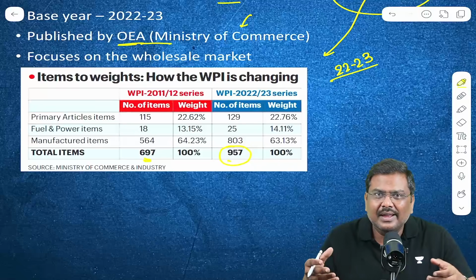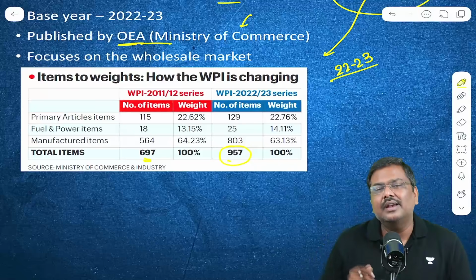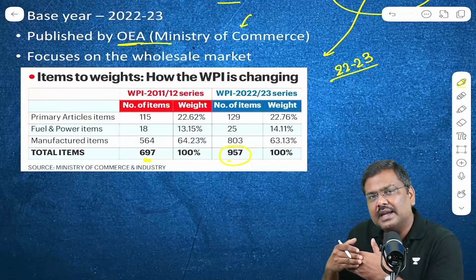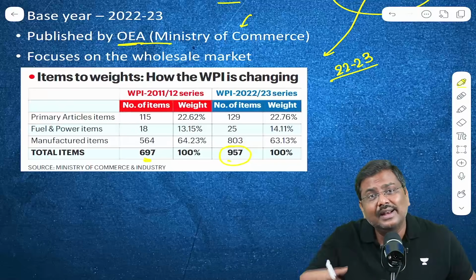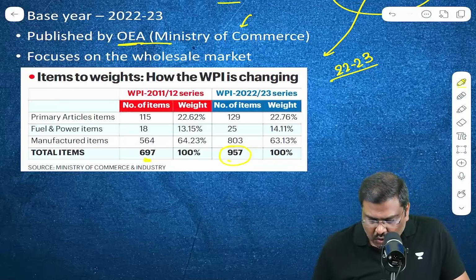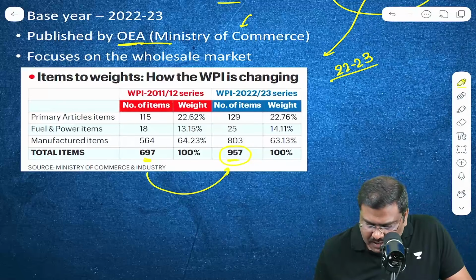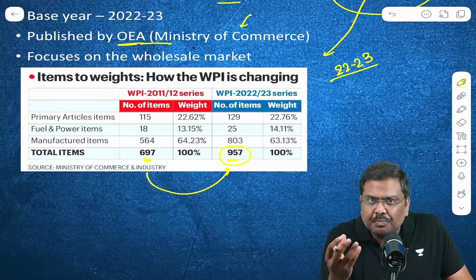Their weightage would be increased, or these products are introduced in the basket. So there are certain products which are removed from the basket, certain products which are added into the basket. So the number of items has been changed from 697 to 957, and the group is the same.